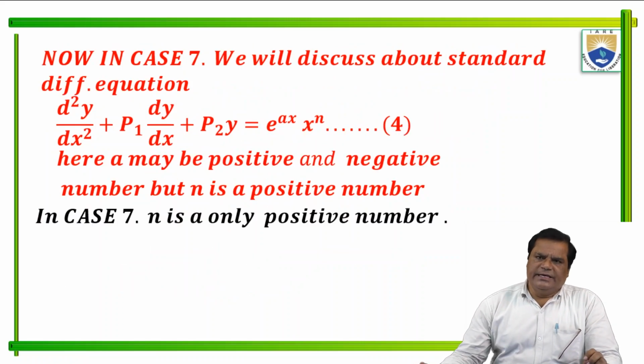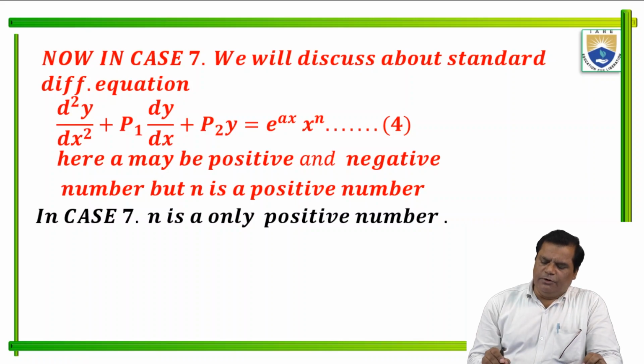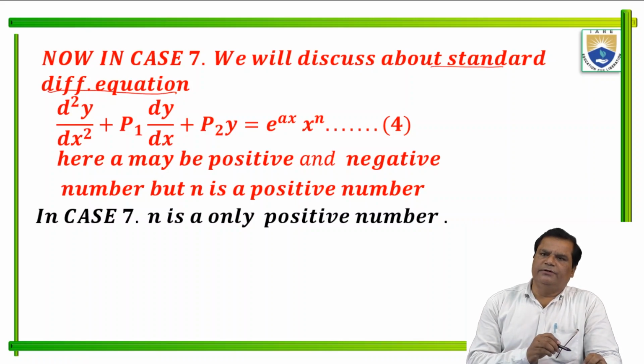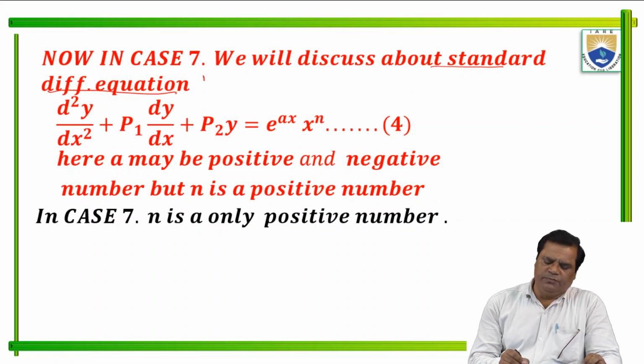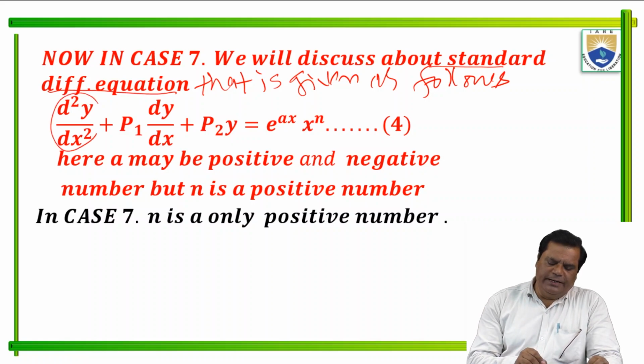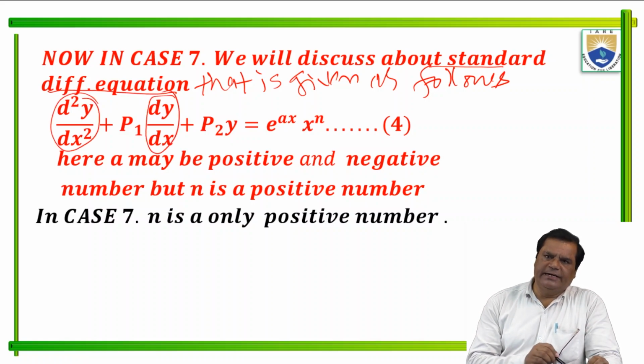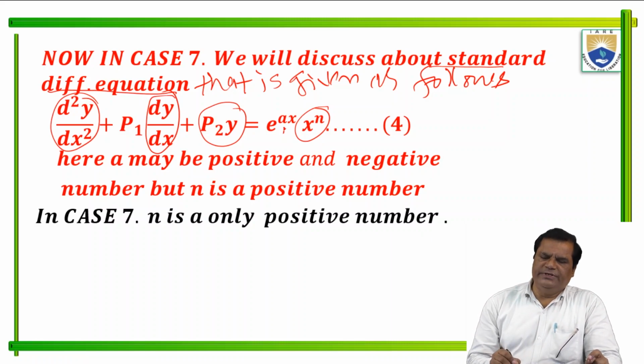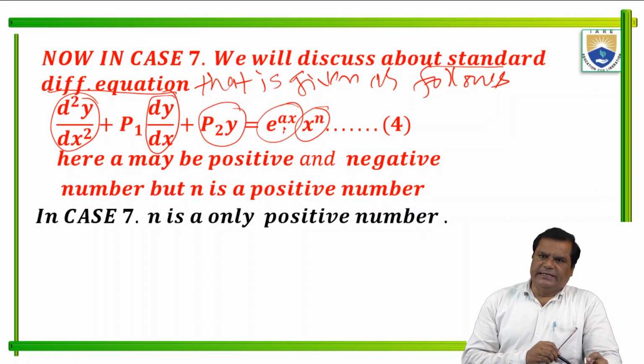Now in case 7, we will discuss the standard differential equation given as follows: d2y/dx2 + p1 dy/dx + p2 y = e^(ax) x^n. Here e^(ax) is an exponential function and x^n is an algebraic function.